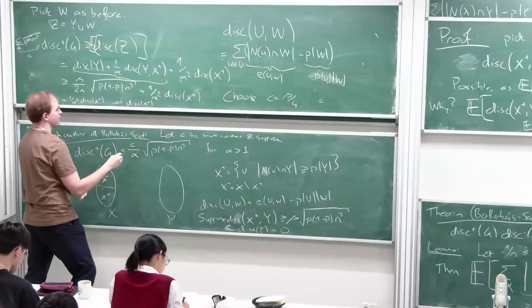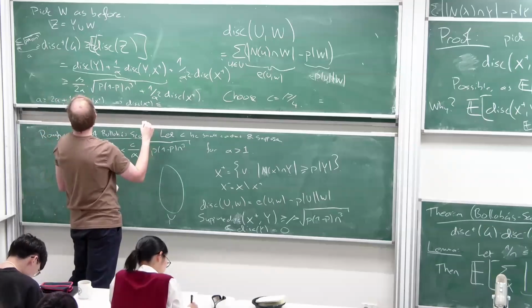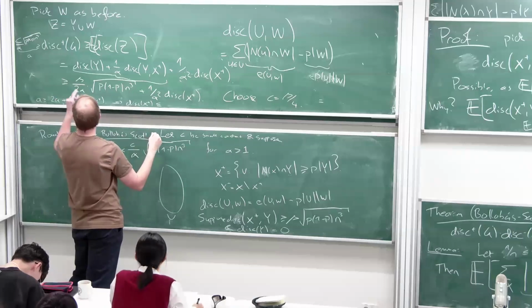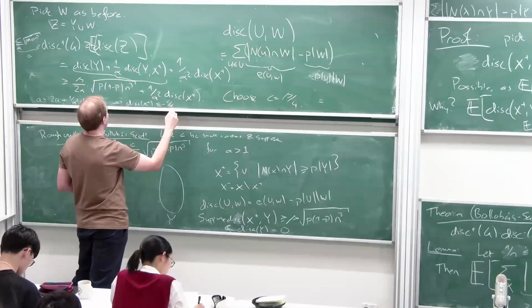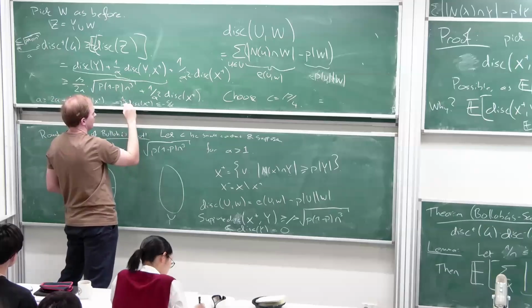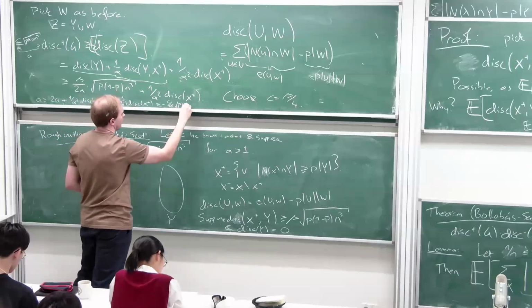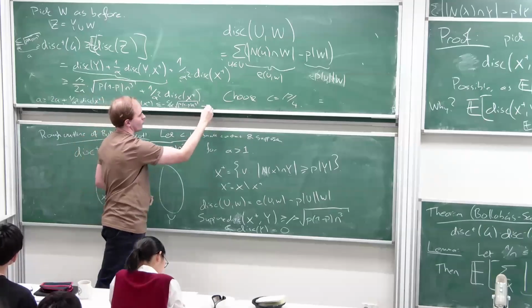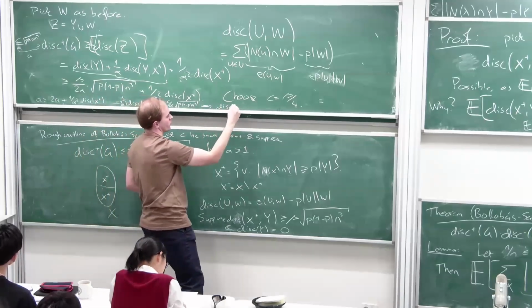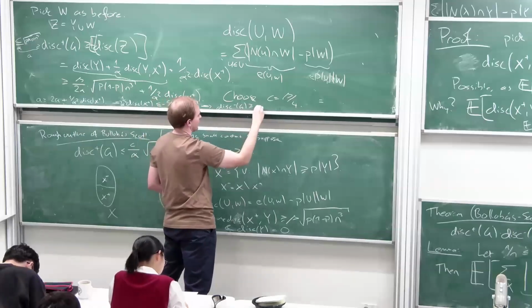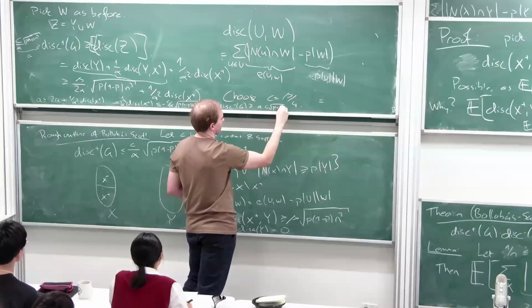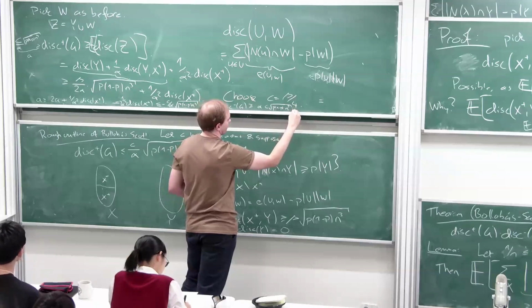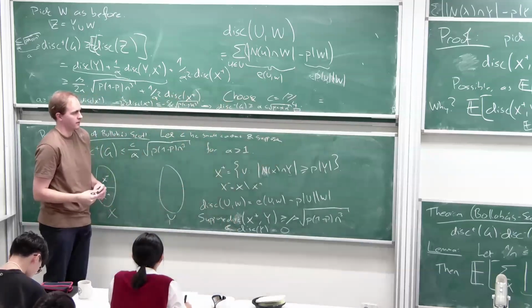So the negative discrepancy is at least alpha times C times this guy, which implies that their product is large.